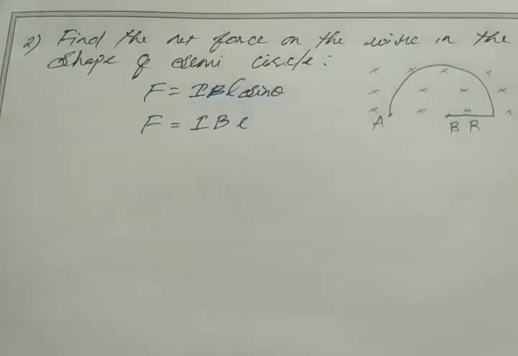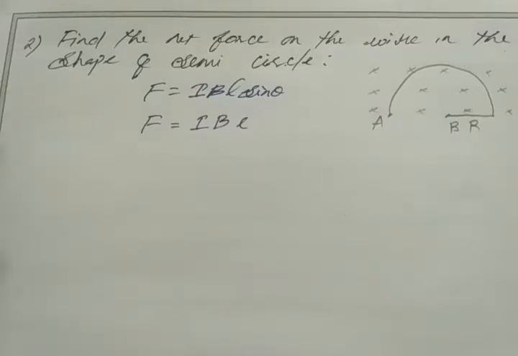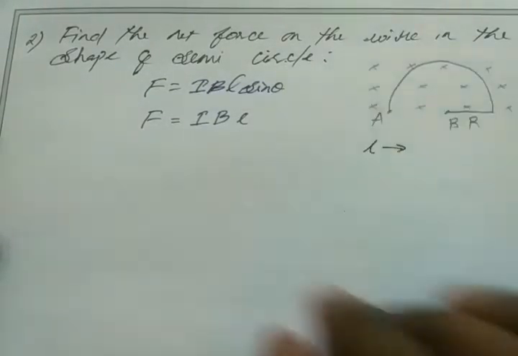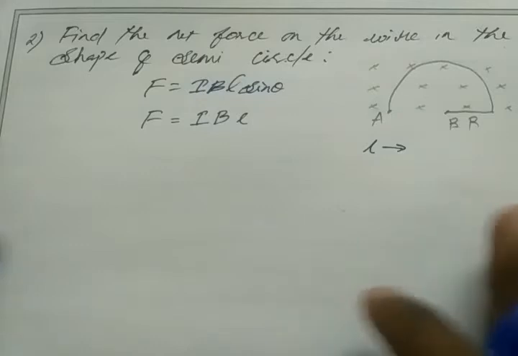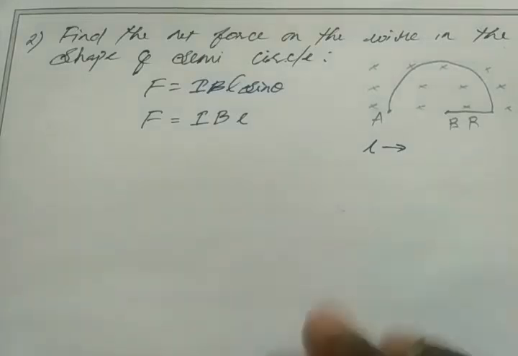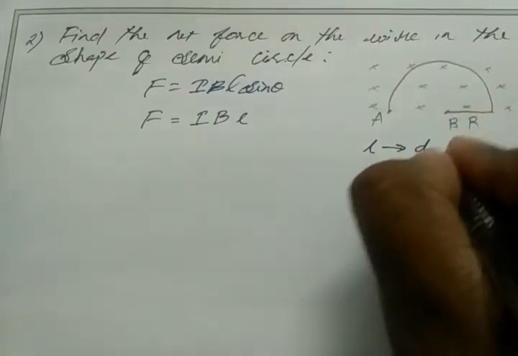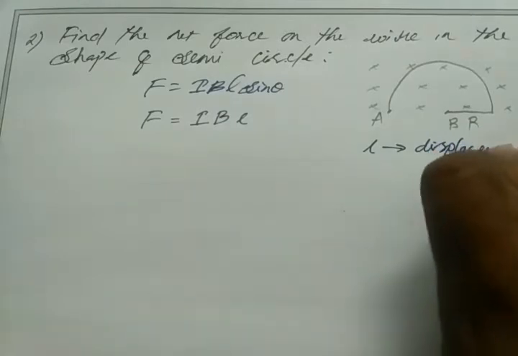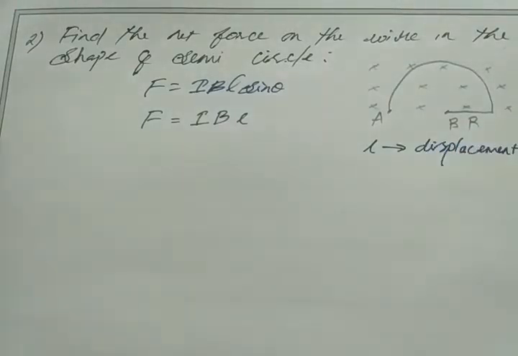Kindly remember one important point. Here L means vector length, which means displacement. L is not the length of the wire. In most cases we take the length of the wire, but here L is the displacement length.